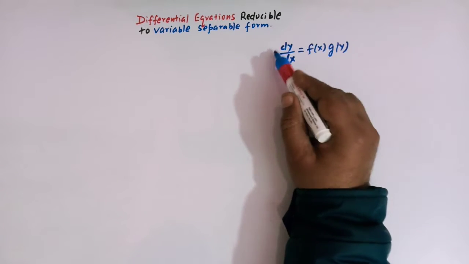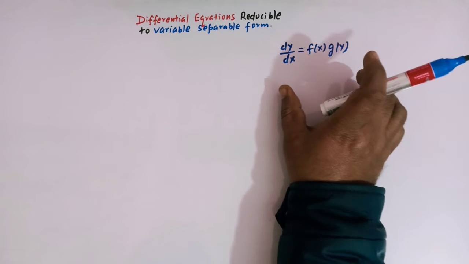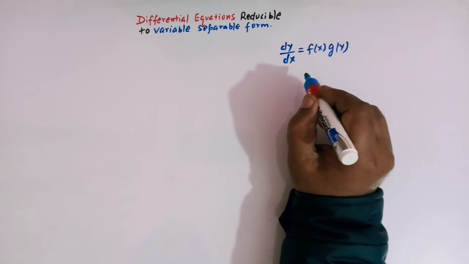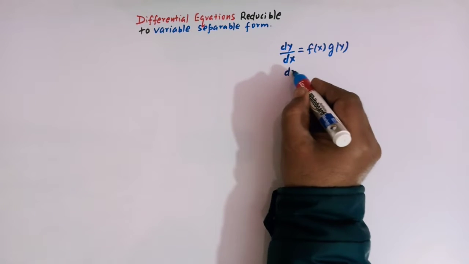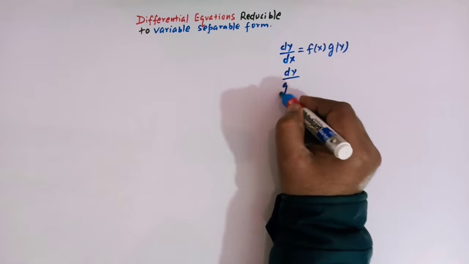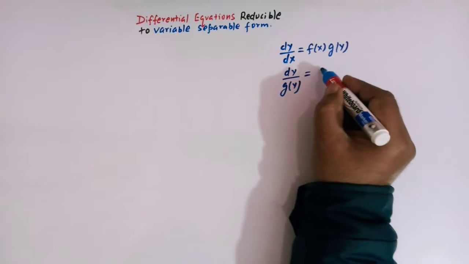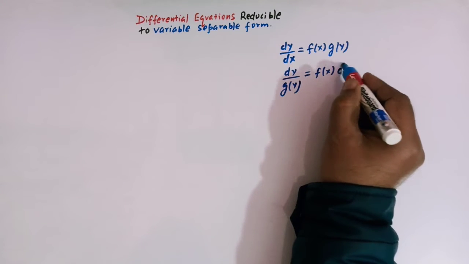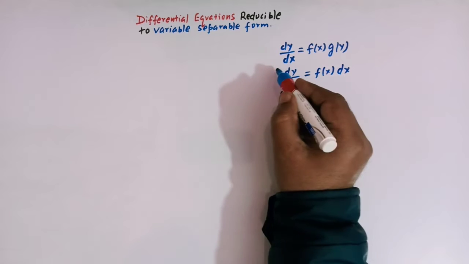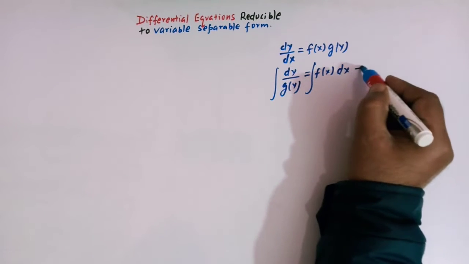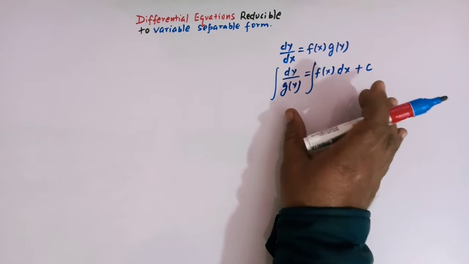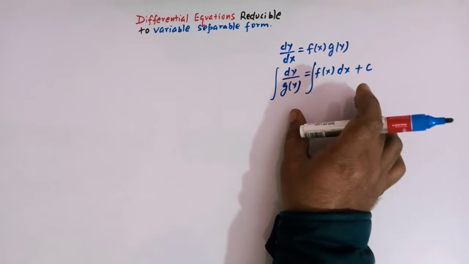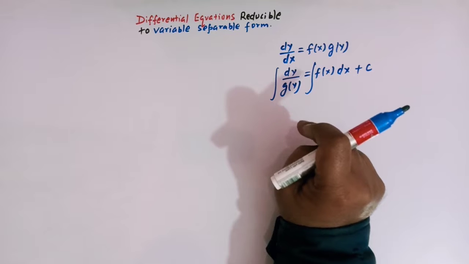To solve these types of differential equations, we separate the variables. We write dy over g of y equal to f of x dx, and then we integrate both sides, and c is the constant of integration. So this is a brief description of the variable separable form.